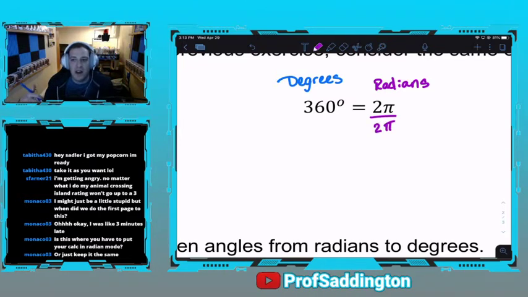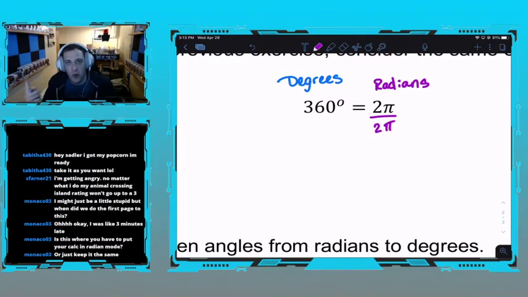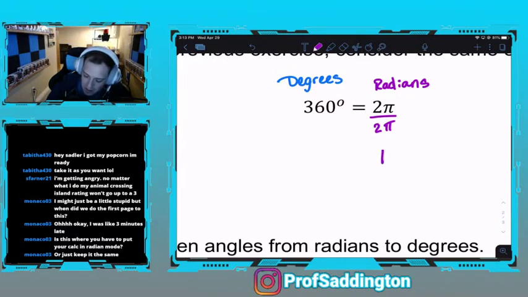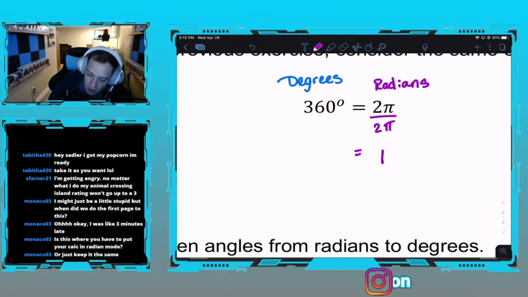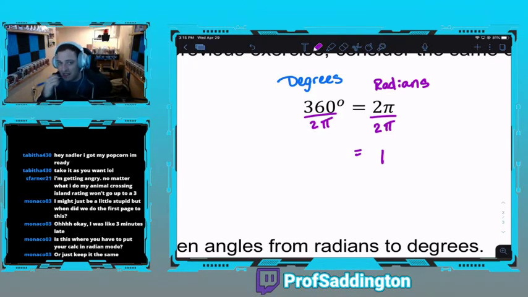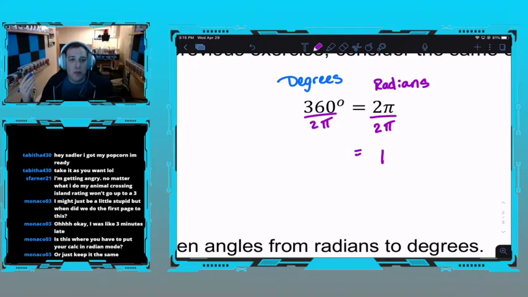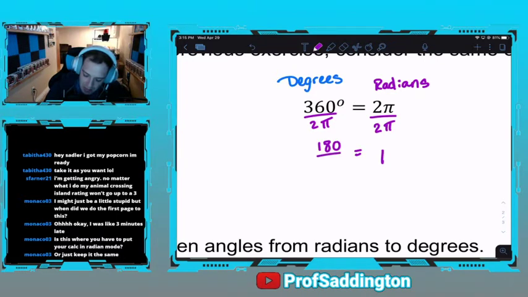Because 2 pi divided by 2 pi is just going to be 1. Well, whatever you do to one side, you got to do to the other. Well, if we do 360 divided by 2 pi, again, we could reduce the 360 and the 2, because 360 divided by 2 is going to be 180. However, we still have that pi on the bottom.